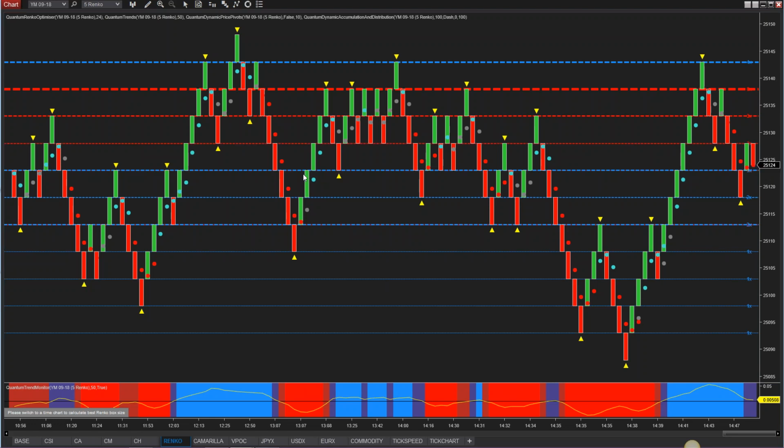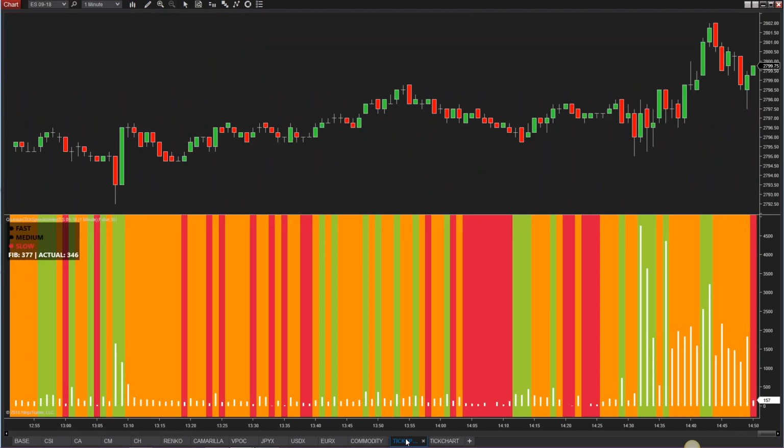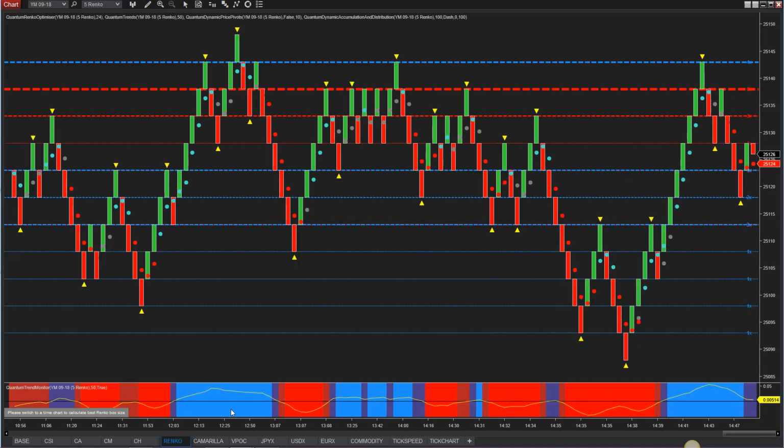And at the moment, the indices are all trading in a pretty much sideways range. Let me just go and have a look at the tick speed over here, because this is for the ES, the equivalent on the 1 minute. This is trying to rally a little bit, but it's not really getting very far. So let me go back to the Renko, and we're in sideways price action.